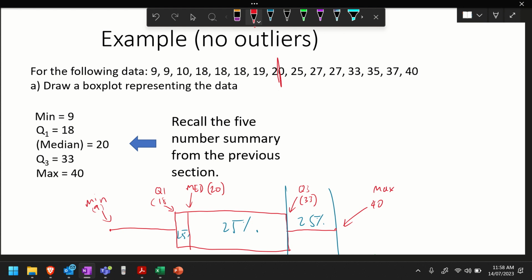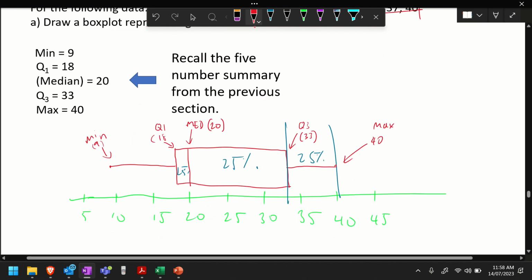So there's my median, my Q1, my Q3, min and max. You can see that you can break this up into 25% chunks as well. I won't go into too much detail about it, but let's keep going.